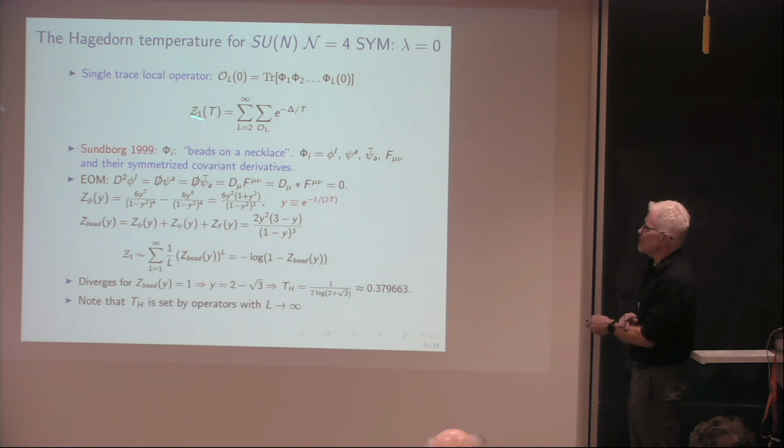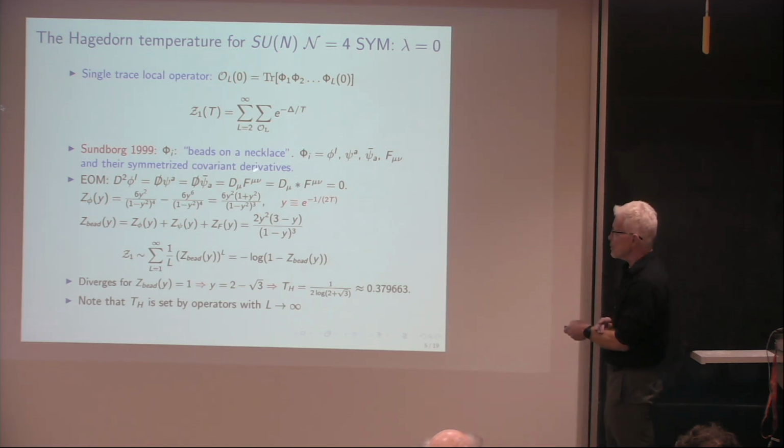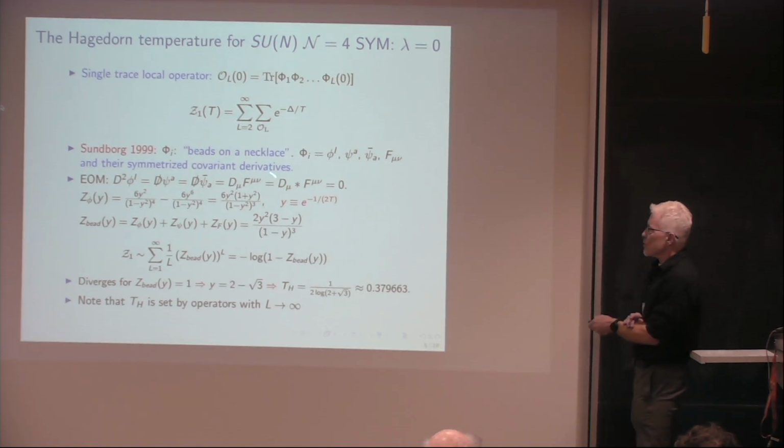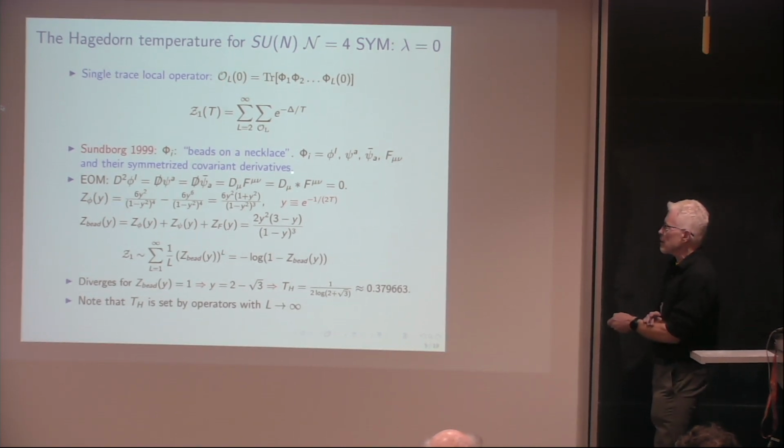And so the partition function for this single trace operator, we basically sum over all possible lengths starting at length 2, because this is SU(N), so the trace of a single field is 0, and sum over all the different possible single trace operators we can make, weighted by e to the minus delta over T, because delta is the energy. Now Sundborg sort of thought of this problem as having beads on a necklace.